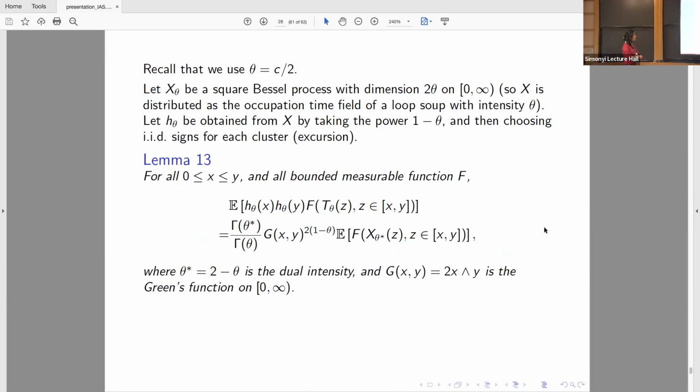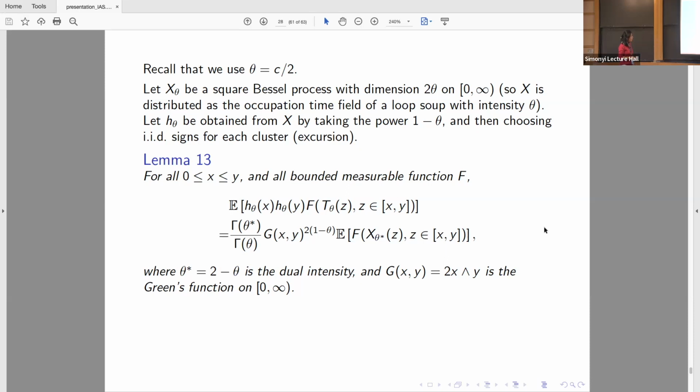let x theta be a square Bessel process with dimension 2 theta, and x is distributed as the occupation time field of the loop soup with intensity theta, and let h theta be obtained from x by taking the power 1 minus theta, and then choosing i.i.d. signs for each cluster. A cluster in D1 is just an excursion of the Bessel process.